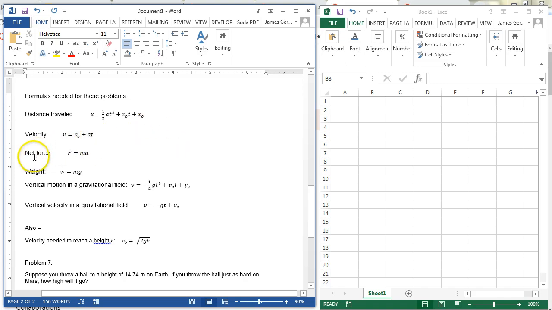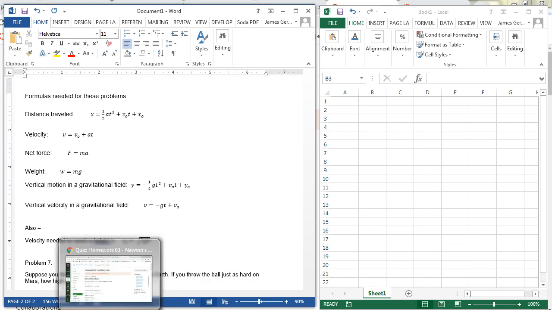We have another equation, the net force. Force is mass times acceleration. That's just Newton's second law. And also from Newton, the weight of an object is just its mass times the acceleration of gravity g, which for us in this problem is 9.8. The acceleration of gravity on Mars is, let me go take a look at that.